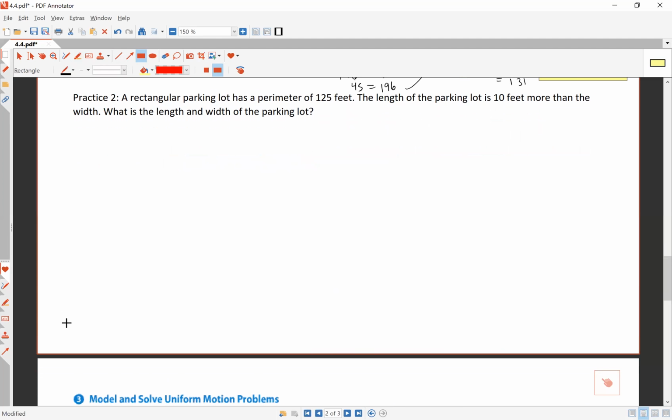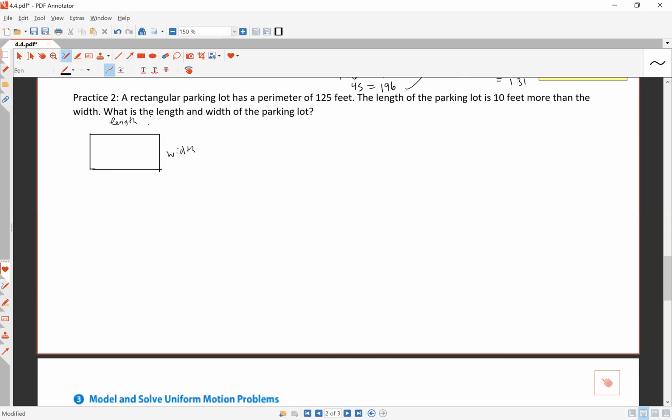A parking lot has a perimeter of 125 feet. The length of the parking lot is 10 feet more than the width. This is my length, and this is my width.